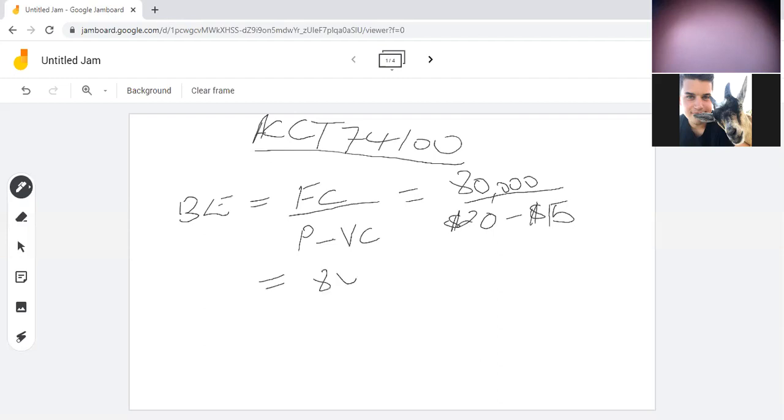So that's equal to 80,000 over $5. And that gives us, and this should be $80,000, right? $80,000. And that would give us around 16,000 toasters. Let's clear this.